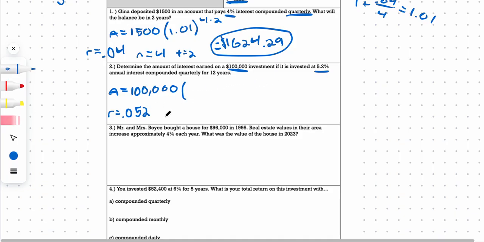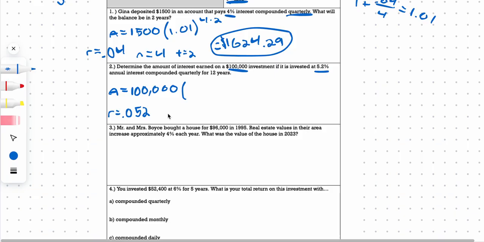And by the way, interest is always going to be growth, right? When you have compounded interest over time, you're going to be getting more money for leaving your money in that bank account. Okay, so R equals 0.052.